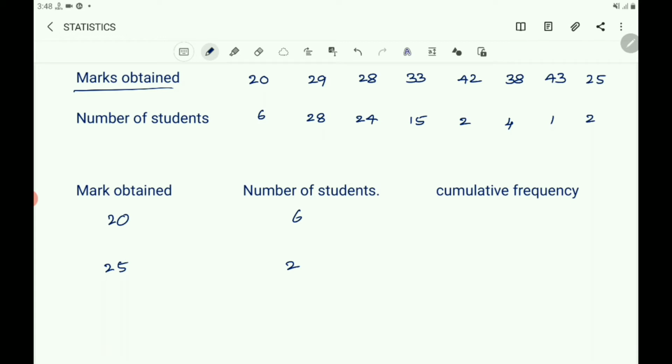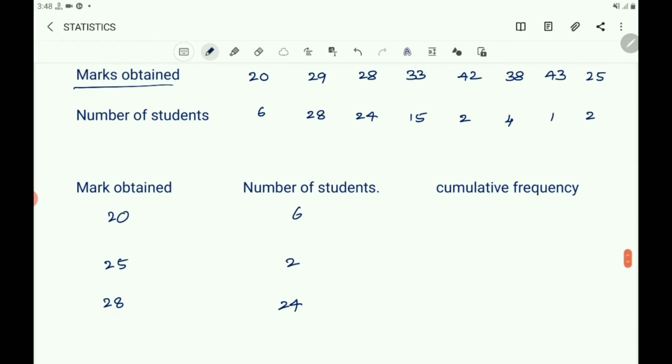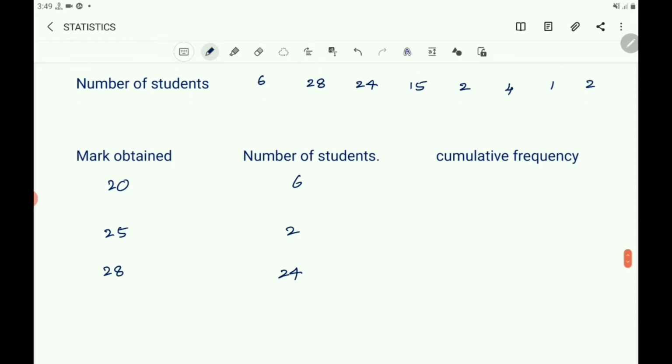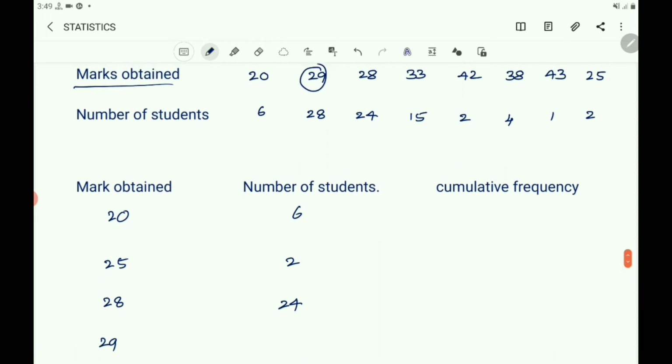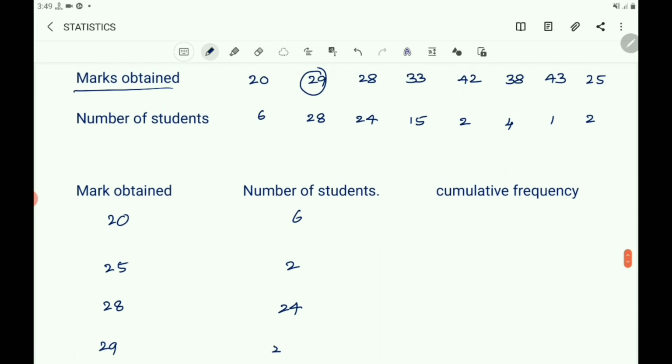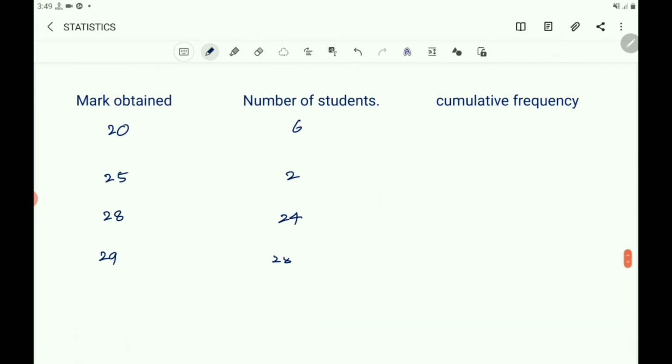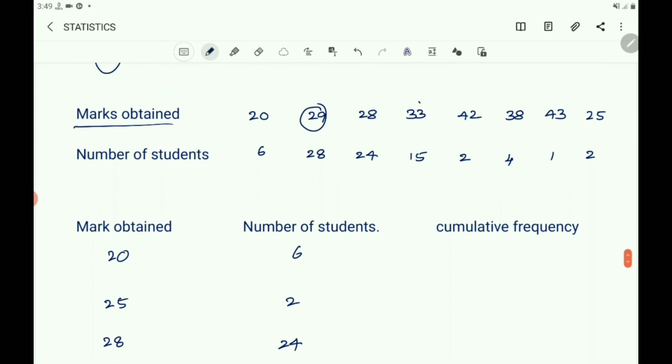Then the next one is 28, its frequency is 24. Then the next one is 29, its frequency is 28. Next you take 33.